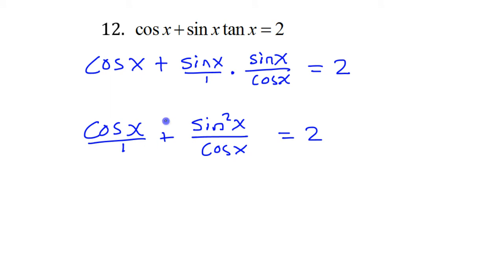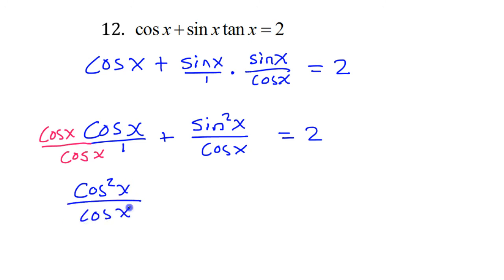Now, if I want to put these together, which I do, I need like denominators. So why not multiply the numerator and denominator by cosine x? That's legal. So now I have cosine squared x over cosine x plus sine squared x over cosine x is equal to 2.